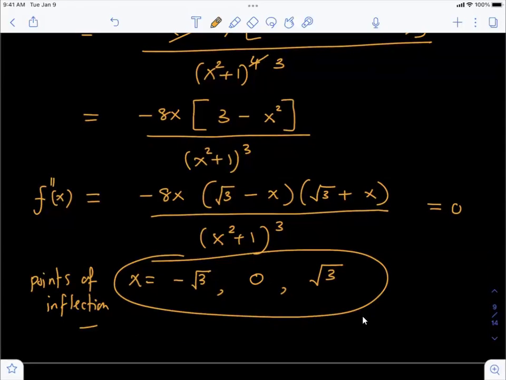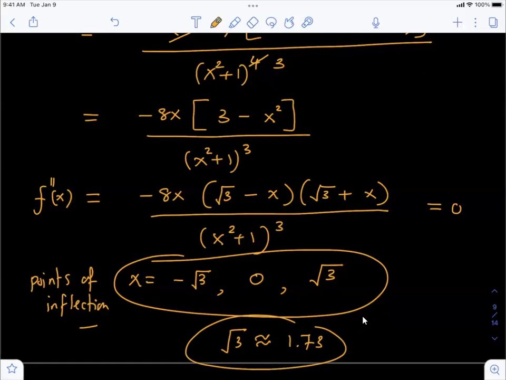And what is the role of these three in our graph? Now let's remember, when you consider root 3, square root of 3 is approximately 1.732 something. All right, so 1.7 approximately. That is what we are looking at.